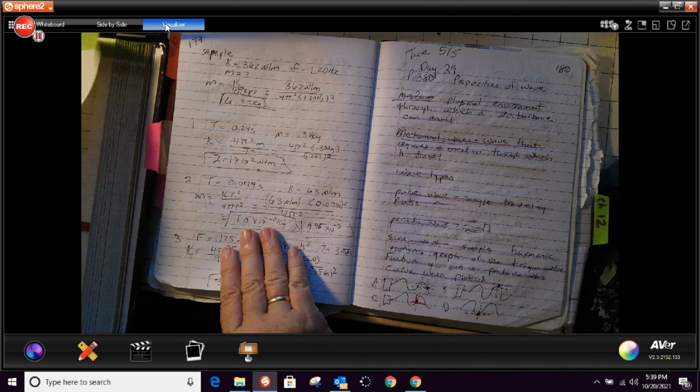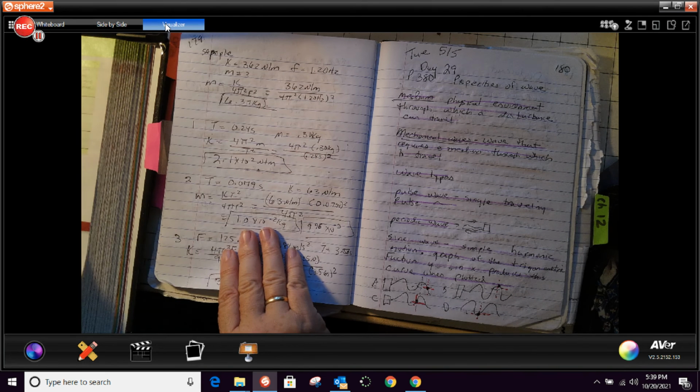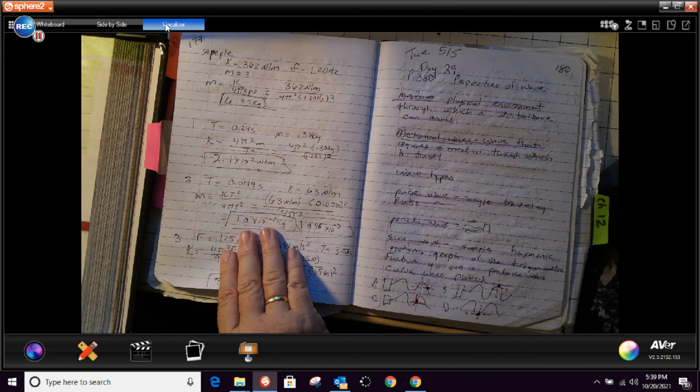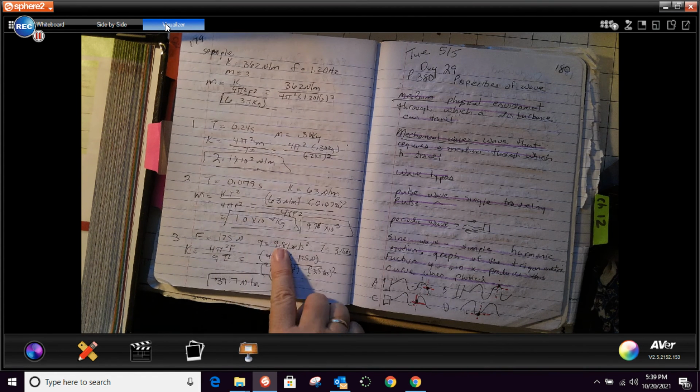And then after that, we also talked about the period of a mass spring system in simple harmonic motion, which we had an example explaining to us, and how to do that.